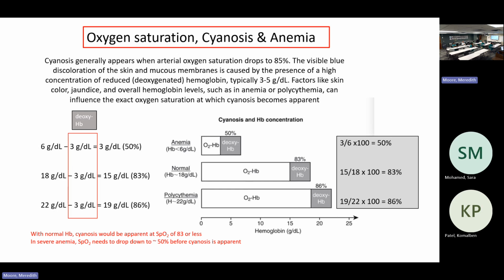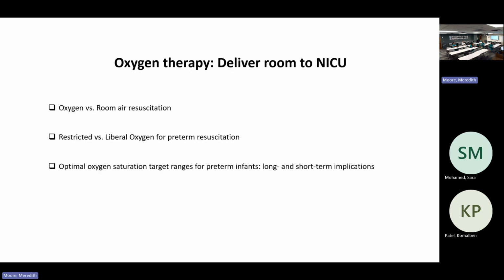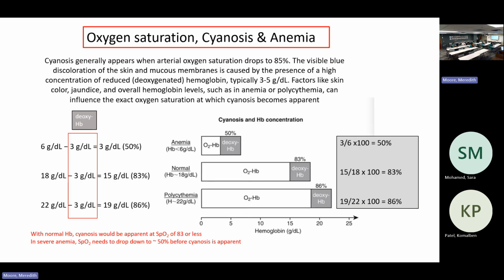I think if you combine both answers, then you get the right answer. So make sure when you take boards, you sit together, and you get one question right. So 3 grams per deciliter is needed, so if a baby has 6 grams per deciliter of hemoglobin, 3 would always be deoxy? No, more. For example, let's say I have 15 hemoglobin.